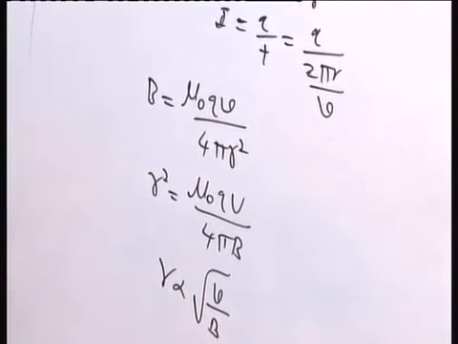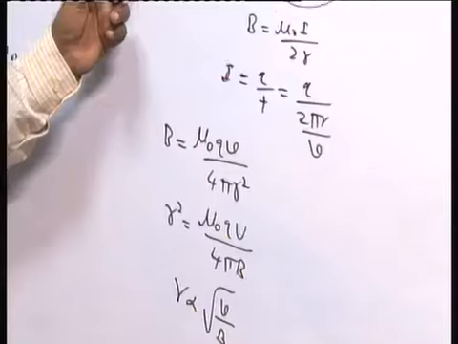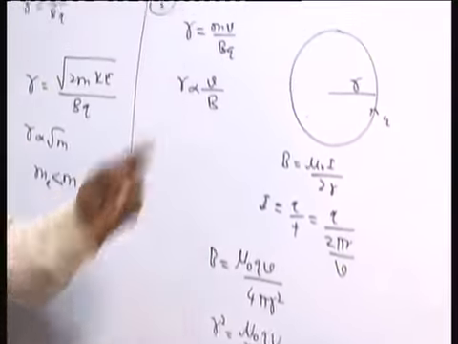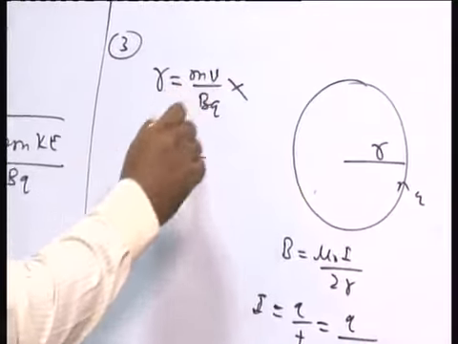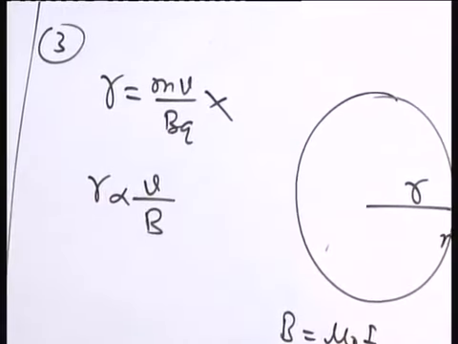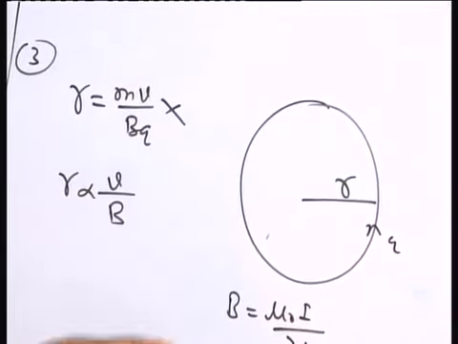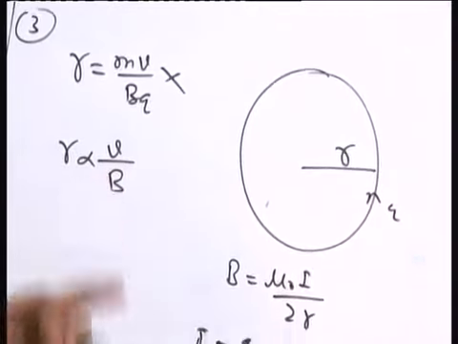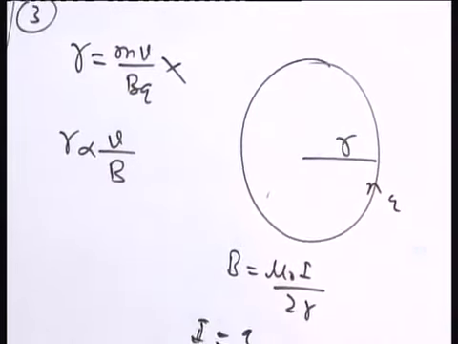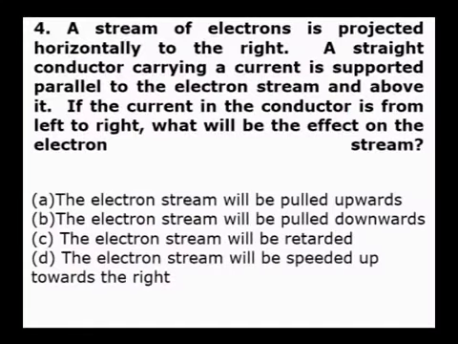So remember, once again, we cannot use the earlier expression, because in that expression B is the external magnetic field, but we are finding the magnetic field produced by the charge moving along a circular path. Therefore we must take this equation, and according to this solution R is proportional to root of 1 by B. Now we will move to the next question, question number 4.